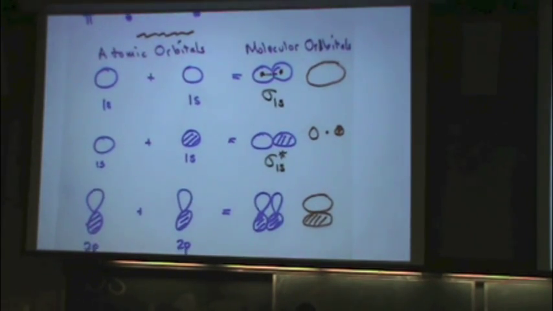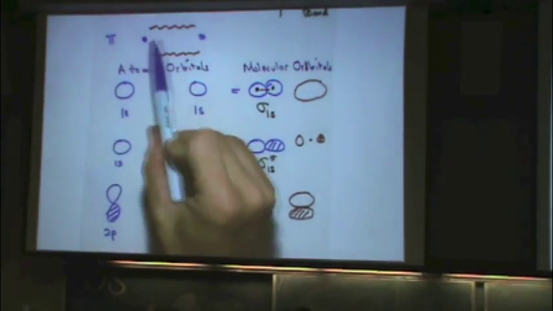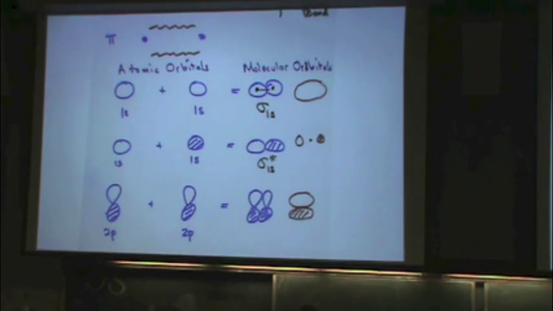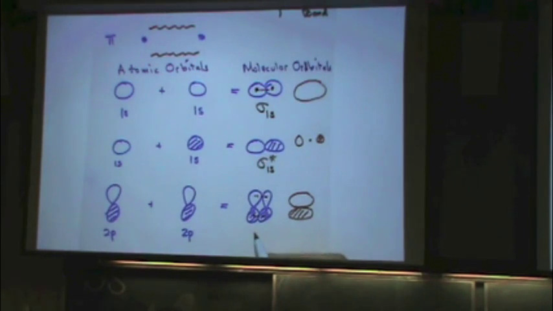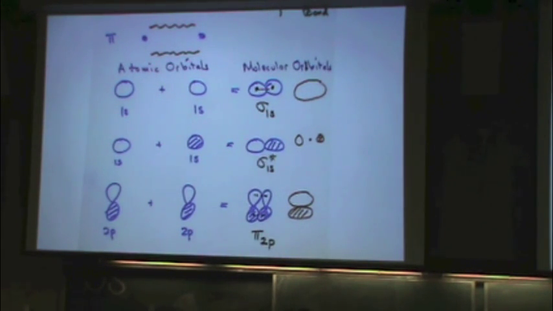Let's call it a pi bond. Pi, because see how the bond happens above and below the center line. So that's what we call a pi bond. We subscript the 2p to show that it comes from 2p orbitals. Pi is a Greek letter for what English letter?